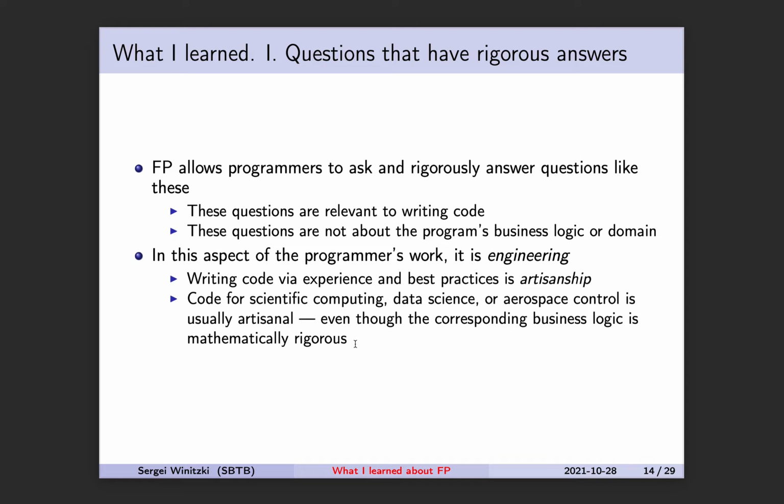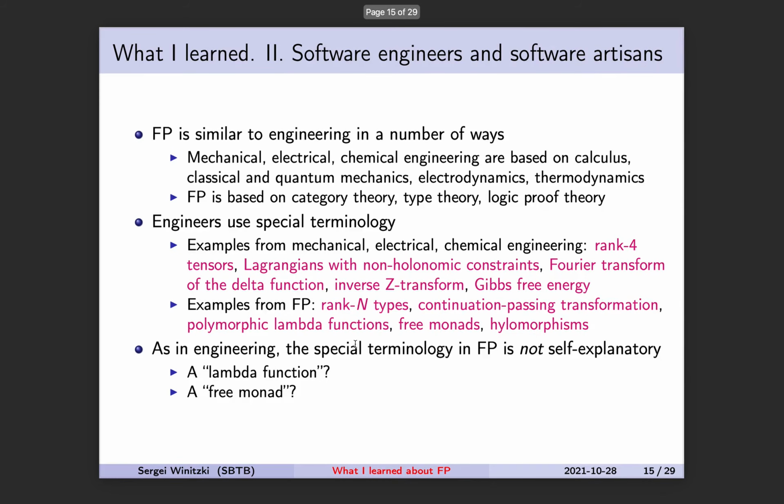Doesn't mean that you're doing software engineering as such. So then I realized that software engineering is a misnomer. We're not really engineers, although that's our job title. We are software artisans. We do not use engineering unless we use a method like functional programming that is based on derivations and mathematical science.